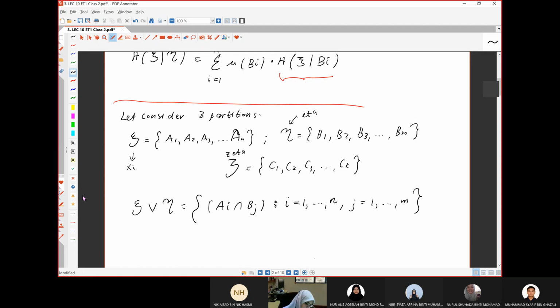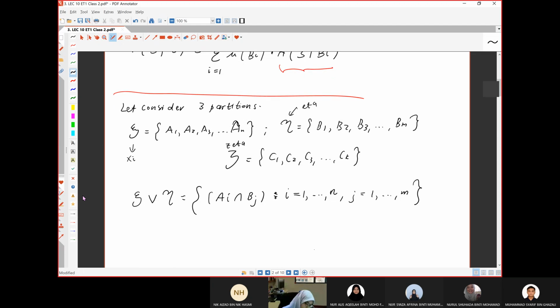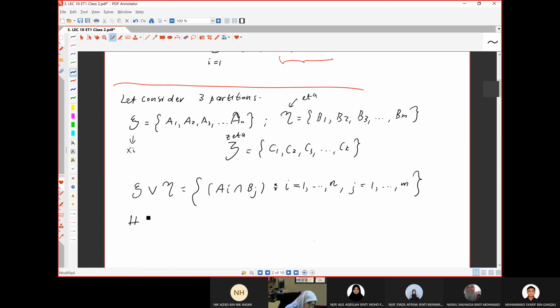Okay, now we can find the entropy. So the entropy of psi join with eta, given that zeta. How to find the entropy for psi join with eta, given that zeta?